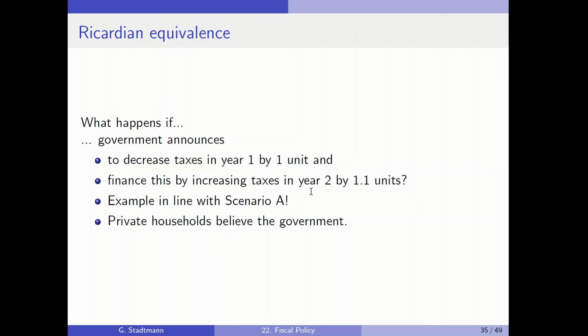If this is true, then we can forget all what we learned about expansionary fiscal policy in the form of increasing government spending or decreasing taxes. It will not unfold the effects which we talked about.